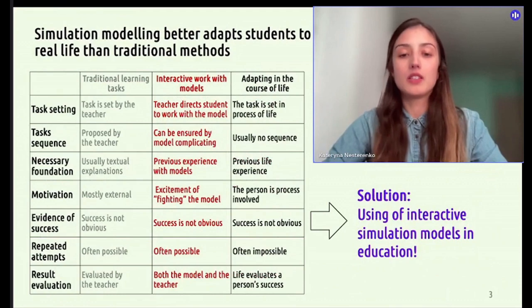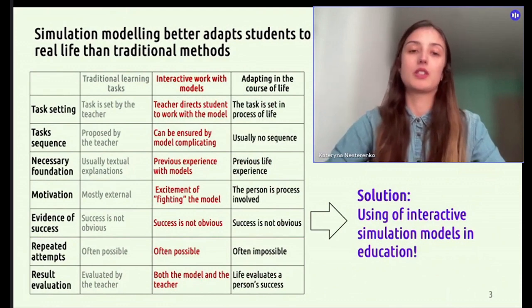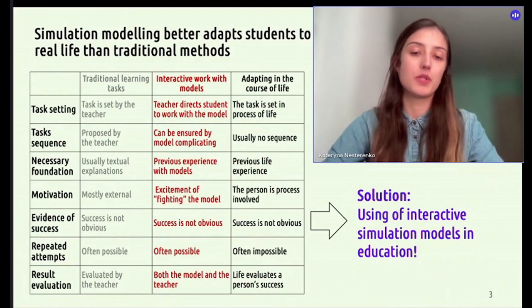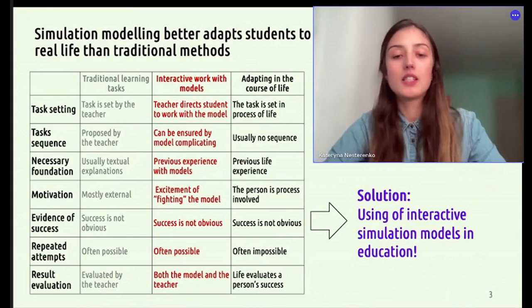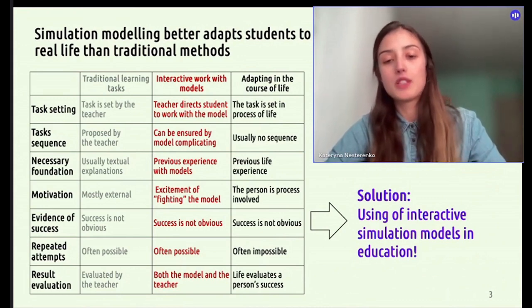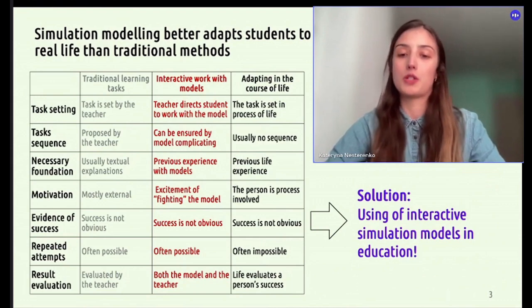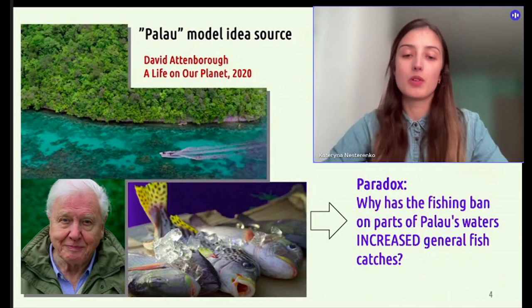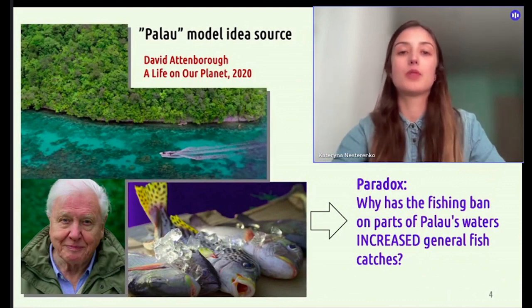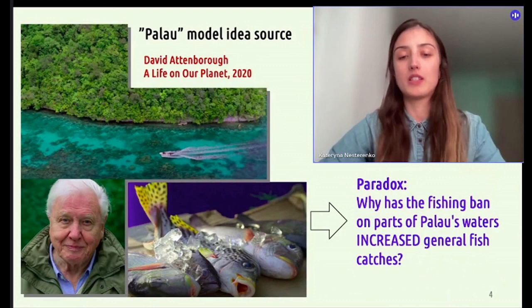So we believe that alongside traditional teaching and traditional types of tasks, we can use interactive models in the educational process. In many features that you can see here, such models can better prepare students for real-life challenges. Our inspiration for building this model came from David Attenborough's documentary film, Life on Our Planet.